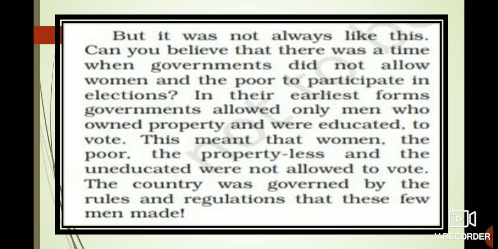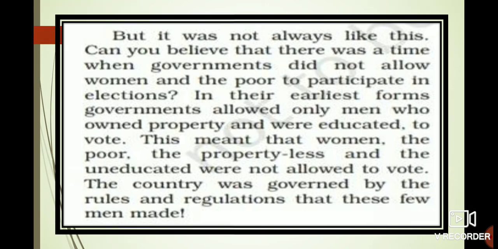The country was governed by the rules and regulations that these few men made. So it was very bad at that time, because only a few people voted and according to them the whole country was ruled. Understood? Because women, and those who did not have property or were not educated, were not allowed to vote.